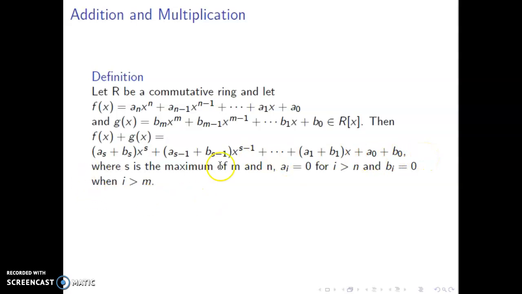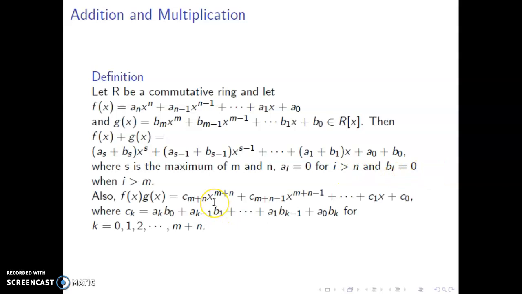In other words, we are adding term by term, where s is the maximum of m and n, a_i is 0 for i greater than n and b_i is 0 for i greater than m.